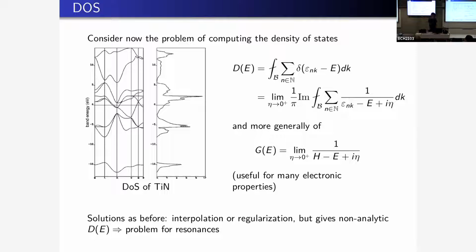The interest of this relation is that you link the density of states to the Green's function. The density of states is some kind of boundary value of the resolvent.